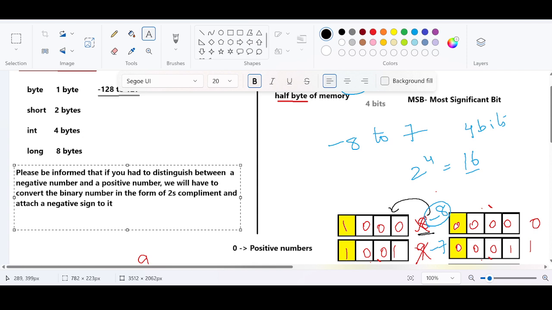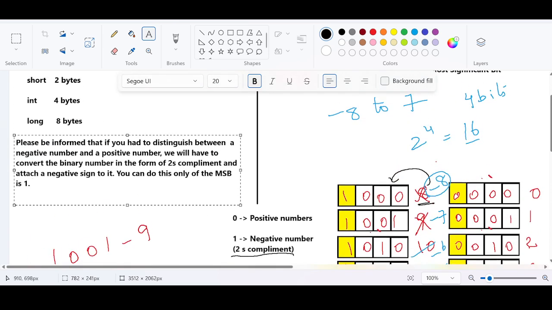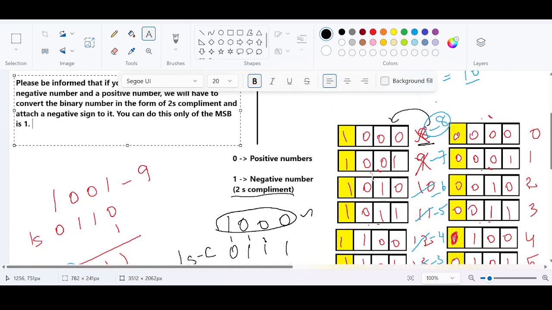You can do this only if the most significant bit is 1. Making sense? Only if the most significant bit is 1, you can do this 2's complement conversion. Actually, we don't have to do all this.